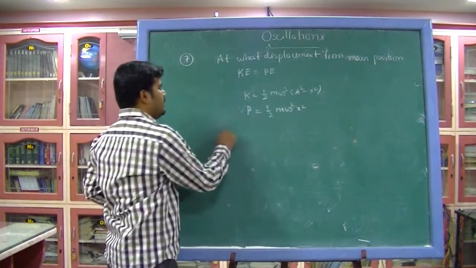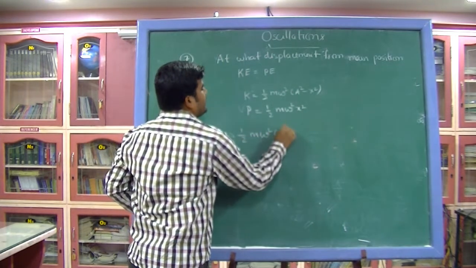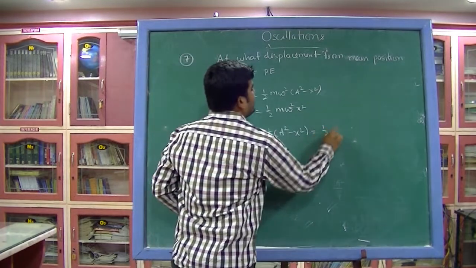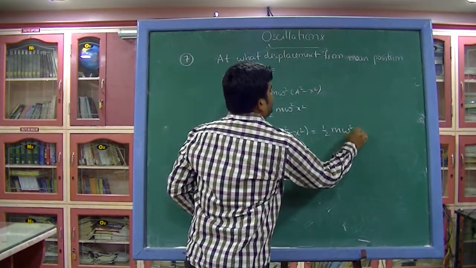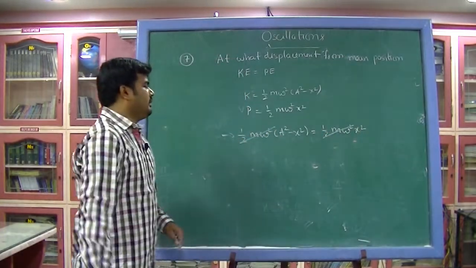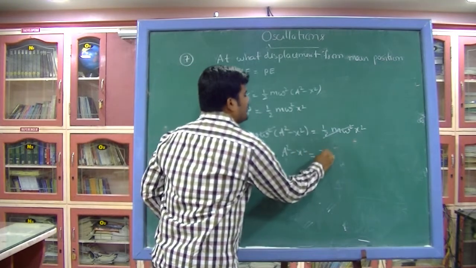Now, let us solve it. So, half m omega square into a square minus x square equals half m omega square into x square. So, half m omega square gets cancelled. So, this side a square minus x square equals x square.